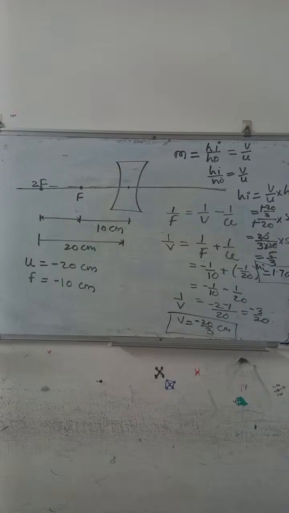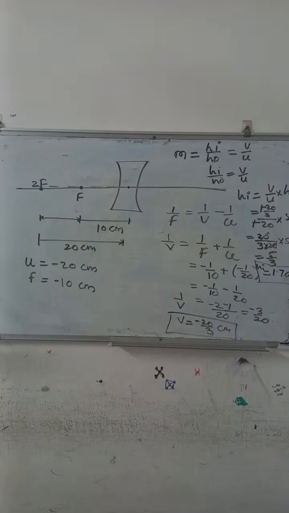An object is placed at a distance of 30 centimeter from a concave lens of focal length 30 centimeter. Full stop.